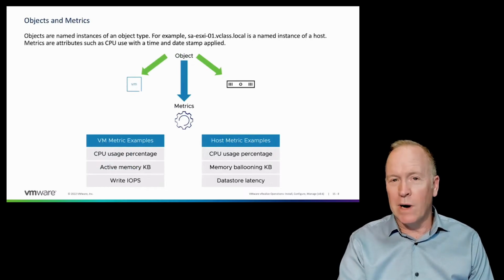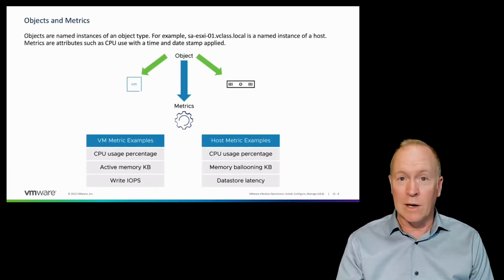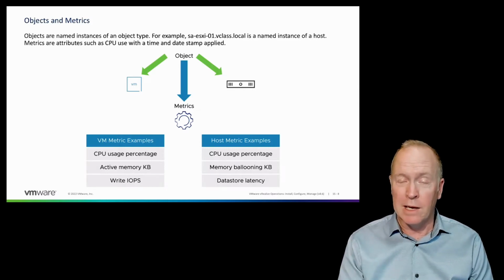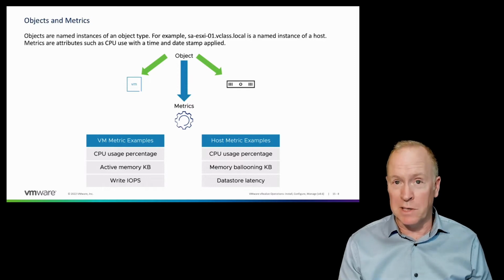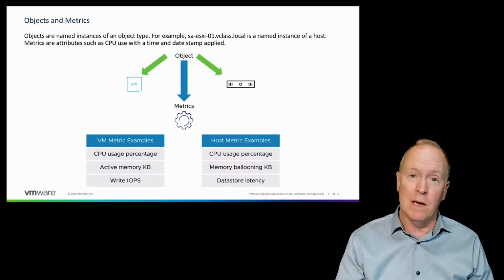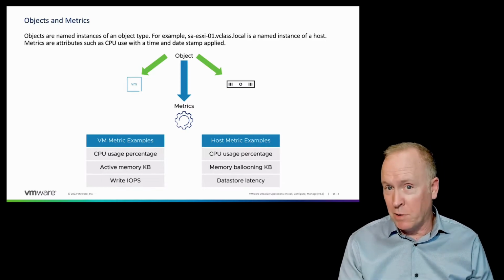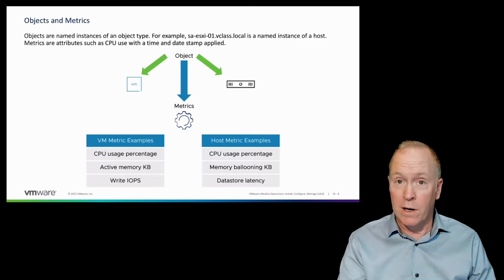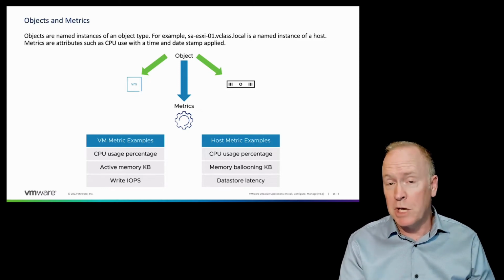When you're working with a single object, then we collect metrics. So for example, virtual machines have a variety of performance metrics, including the CPU usage percentage metric, the active memory metric, and the write IOs per second metric. Again, we have those metrics and more for the object type called virtual machine.